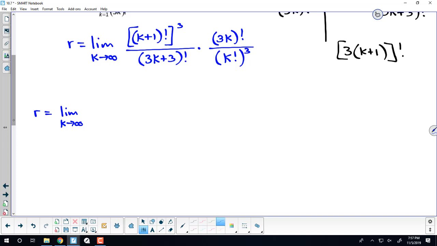Okay, so we want to cancel with the k factorial cubed on the bottom here. So we're going to rewrite k plus 1 factorial as k plus 1 times k factorial. And then again, since that's just k plus 1 factorial, it's still cubed, times our 3k factorial.